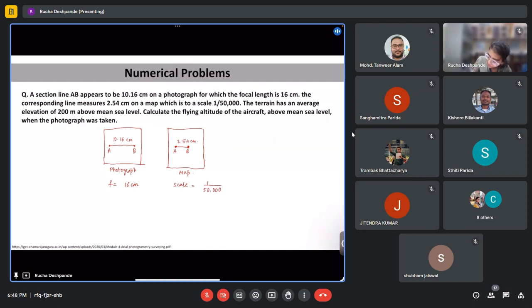So this entire terrain has an average elevation of 200 meters above the mean sea level. Right. So we need to calculate the flying altitude of the aircraft above mean sea level.